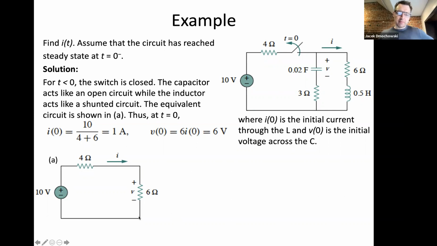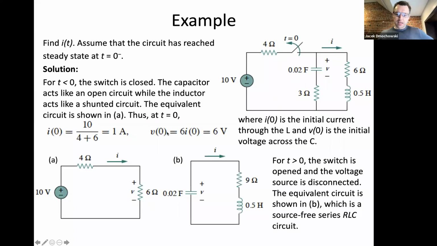And so there's 1 amp flowing here, which is really 1 amp flowing like this, right? That's really what is happening. And so there's 1 amp flowing through the 6 ohm resistor, which means that the voltage across this capacitor is 6 volts, and the current through the inductor here is 1 amp.